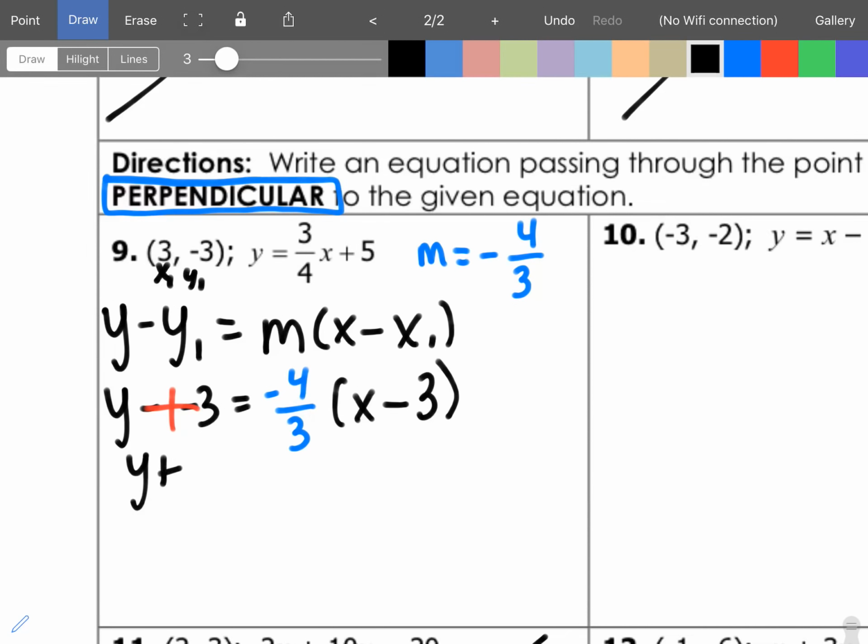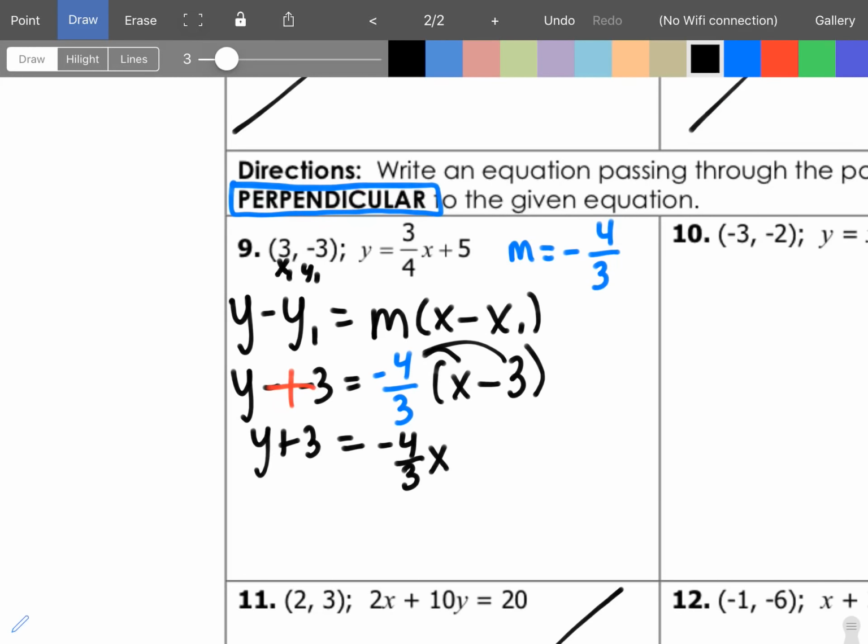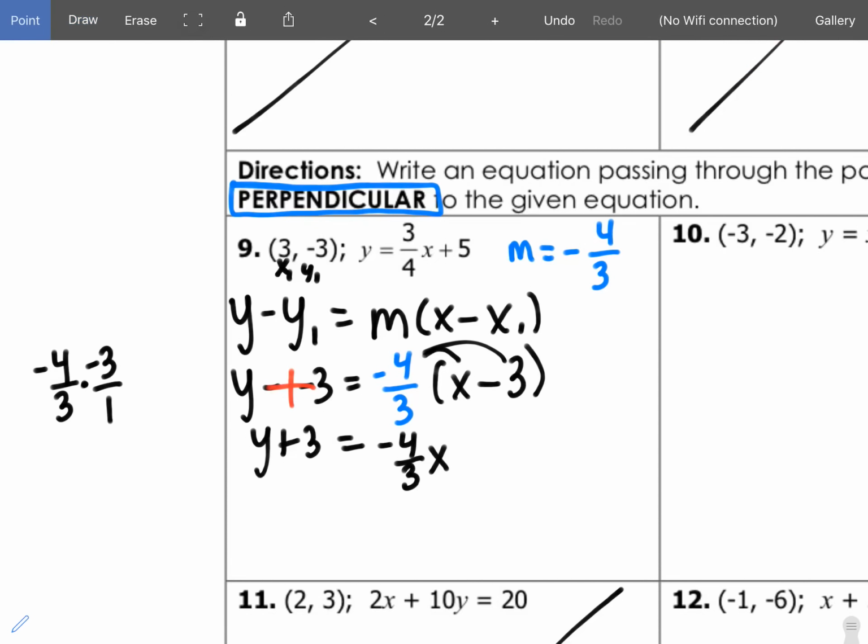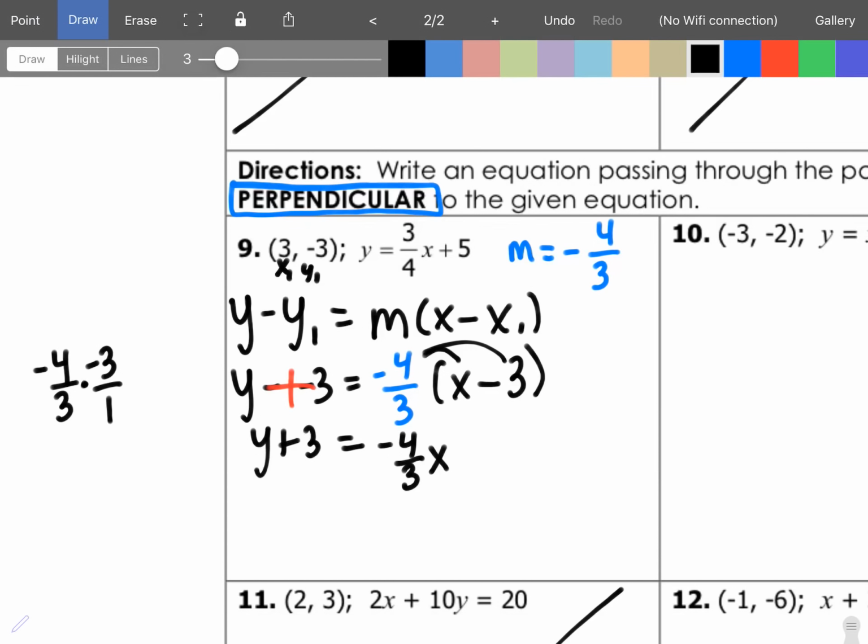Y minus negative 3 is really y plus 3. It's the same thing. Now I'm going to distribute here. Negative 4/3x. Now, negative 4/3 times 3. Oh, times negative 3. So be careful with the signs. I even messed that up right now. Negative 4/3 times negative 3. Make sure you really pay attention to the signs.